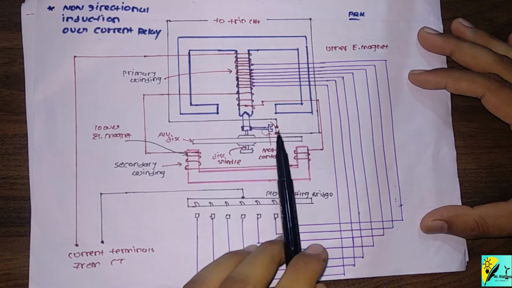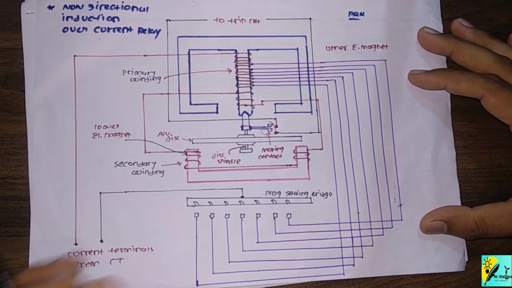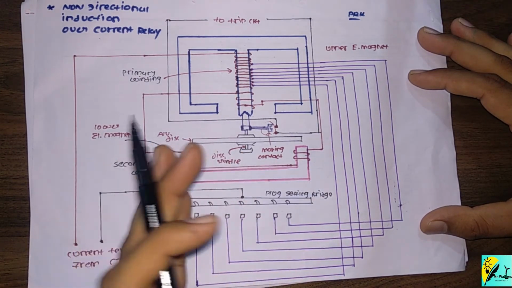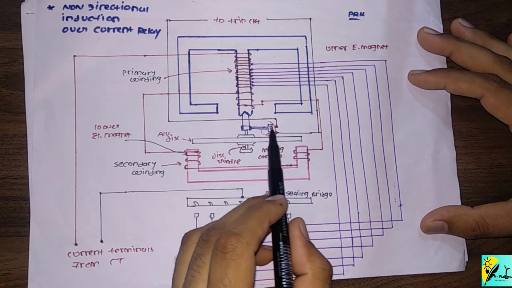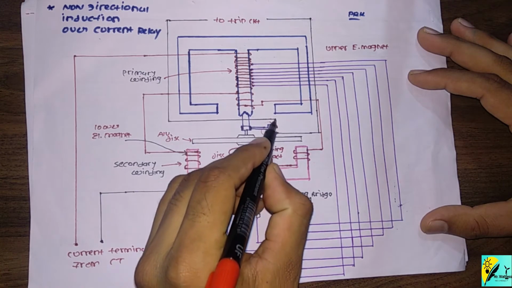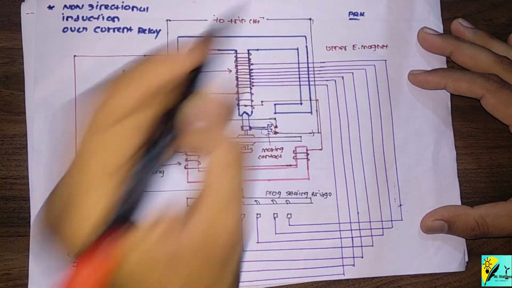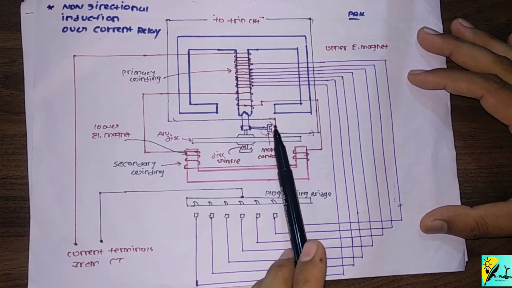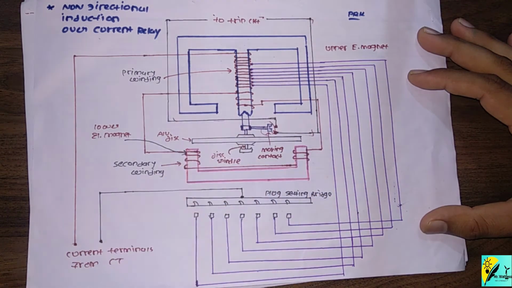These fixed contacts are the terminals of the trip circuit. This is the moving contact, and these are the fixed contacts. This fixed contact is fed to the trip circuit, as you can observe here. This is the trip circuit.